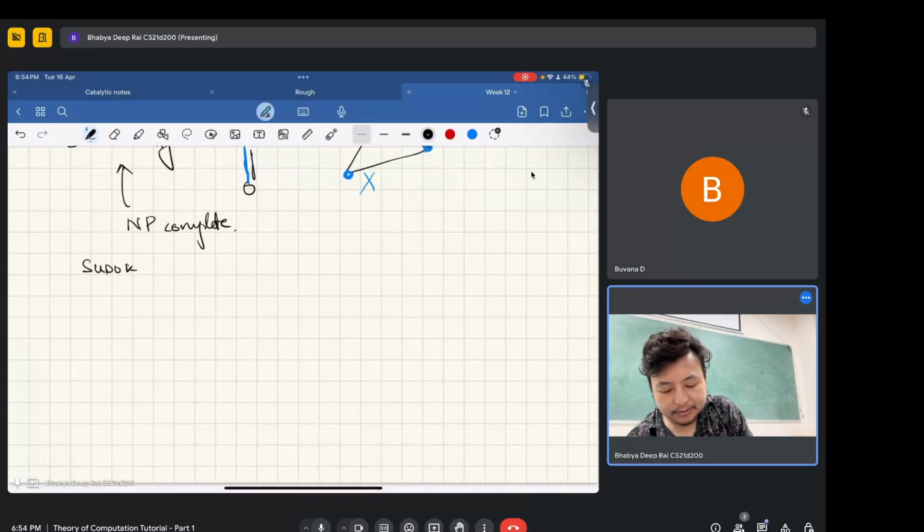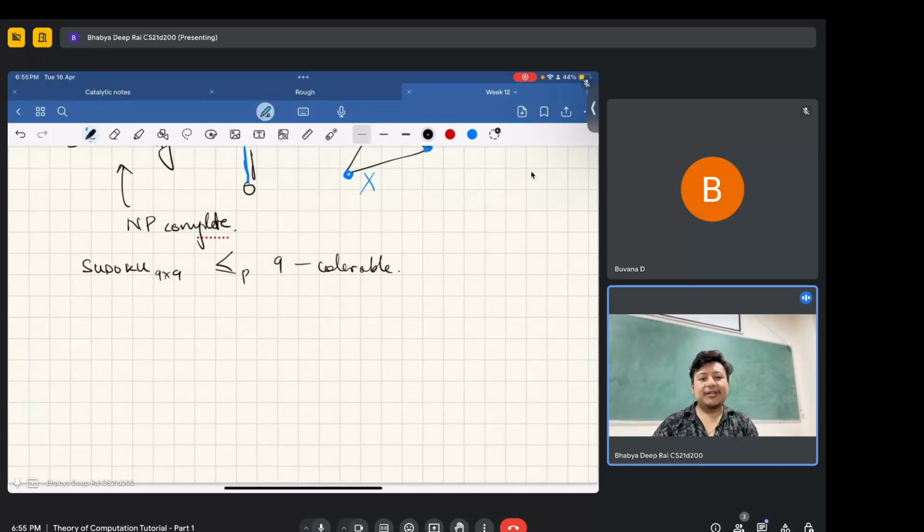In other words, can I transform a Sudoku puzzle of 9 cross 9 form into a graph, and say that the Sudoku has a solution if and only if that graph is 9 colorable? That is what it's asking.